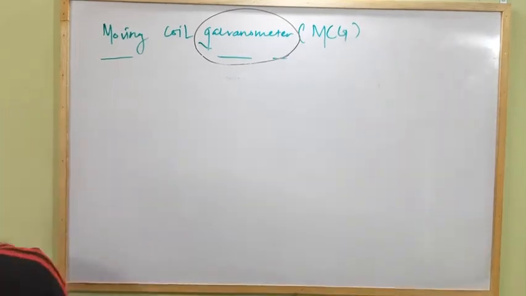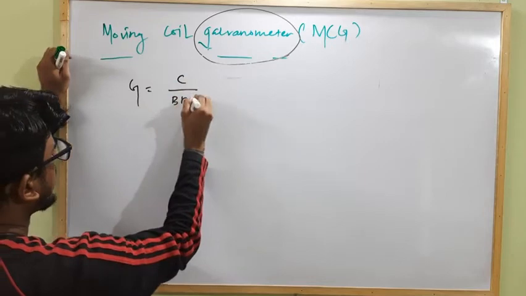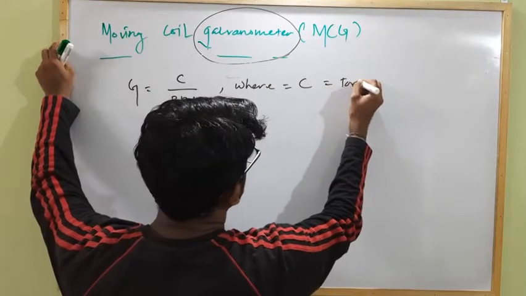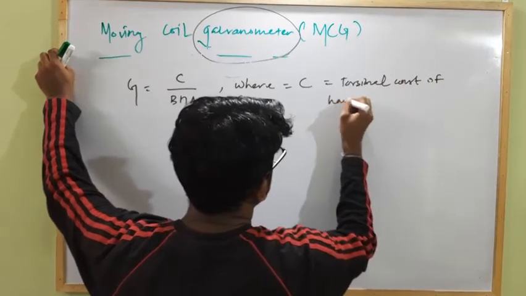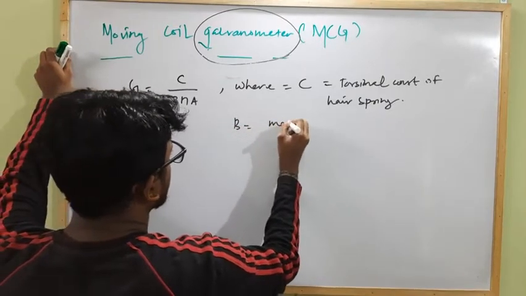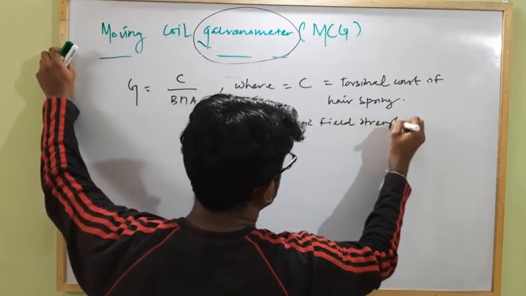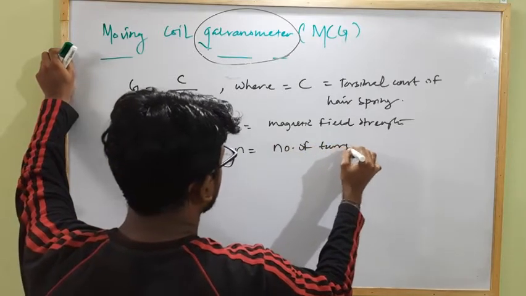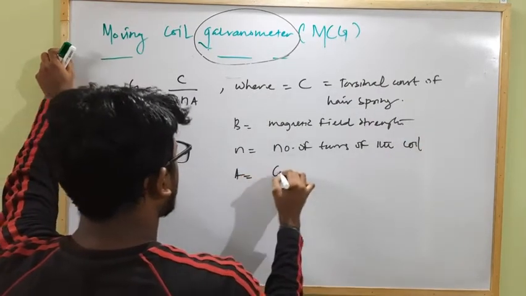So here we will get the galvanometer constant G equal to C divided by BNA, where C equal to torsional constant of hairspring, B equal to magnetic field strength, N equal to number of turns of the coil, and A equal to cross sectional area of the coil.